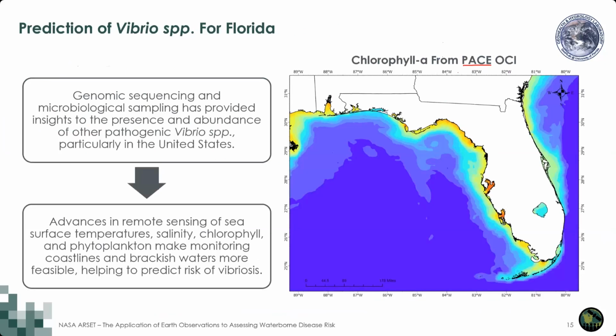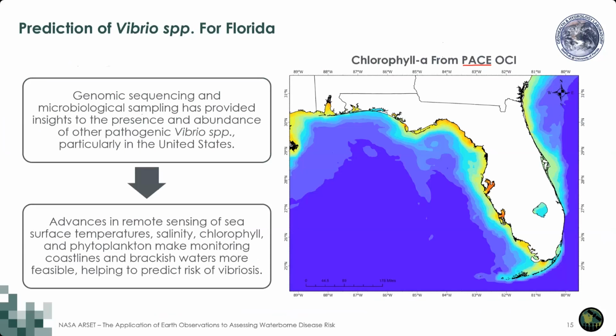So we are trying to basically use the PACE data sets to understand where, when, and how coastal conditions are going to be conducive for these Vibrios to start impacting human population.